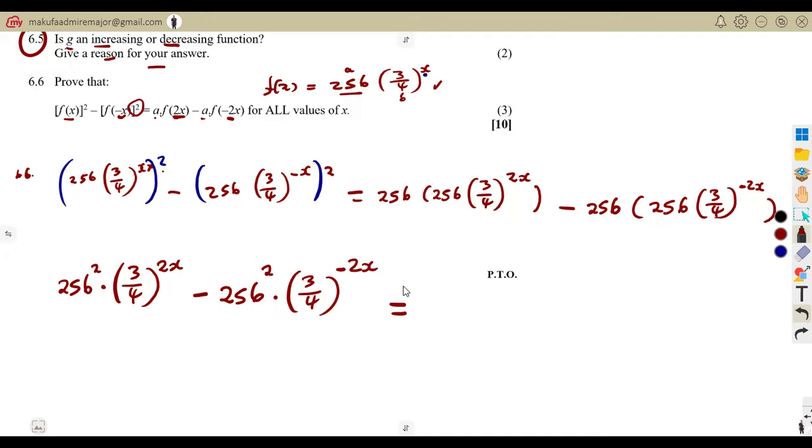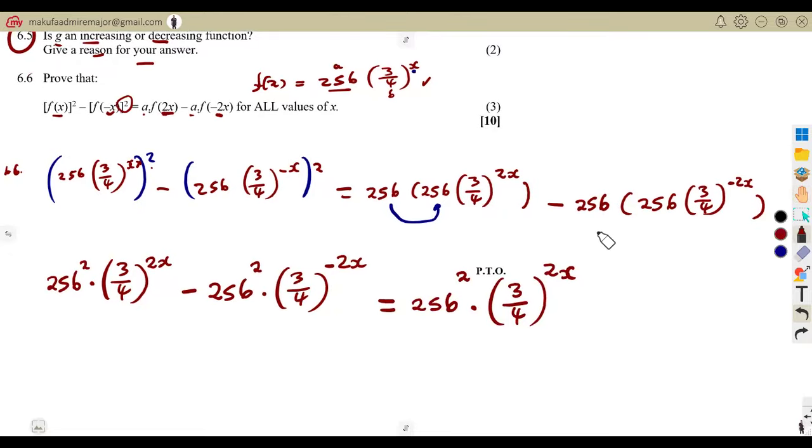Let's move on to the right-hand side and simplify. There is a bracket, so it's just a matter of expanding the bracket. So it's 256 times 256, and this part remains as it is, 3 over 4 to the exponent of 2x. The same thing, if you expand this bracket, minus 256 multiplies that, that's minus 256 squared.